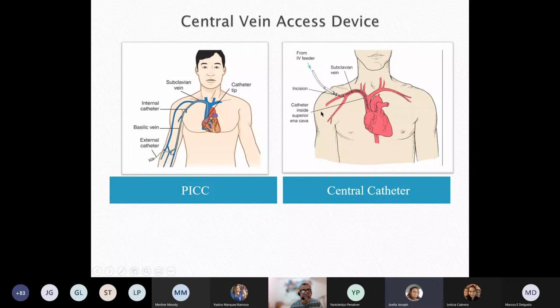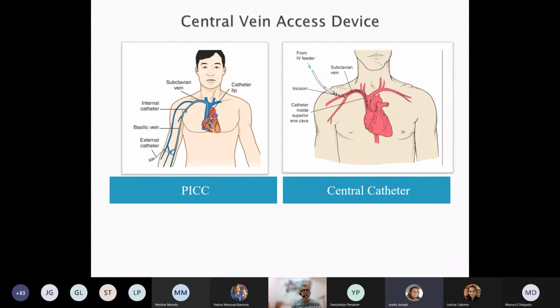When you have a central catheter, it means that the tip, punta, is in the superior vena cava. When the catheter is in the superior vena cava, the tip, if a bacteria can enter through the catheter, it can produce a very severe infection because the infection is going to be practically in the heart, and the heart is pumping blood with bacteria to all the body.